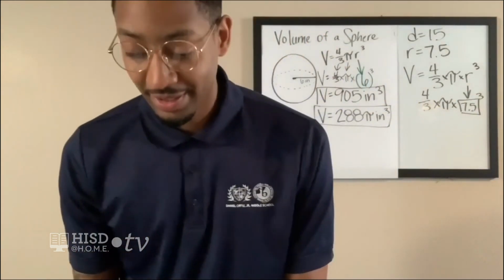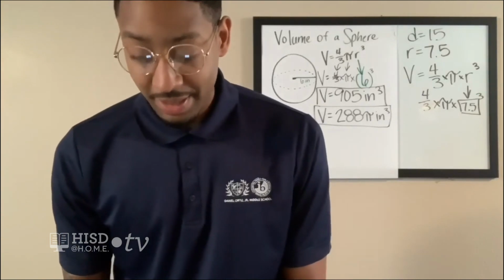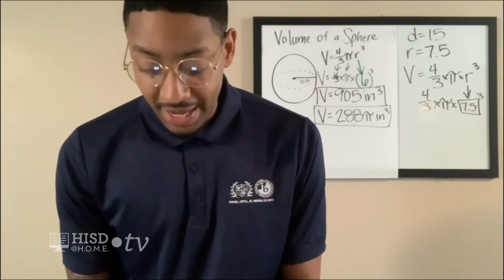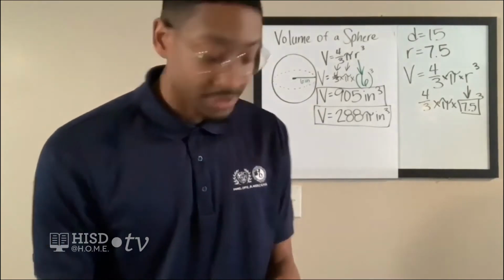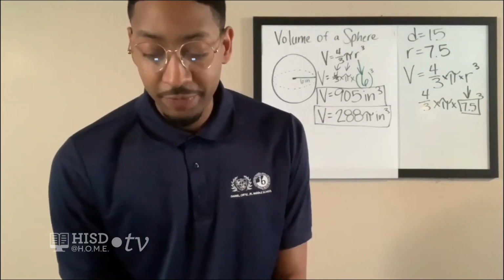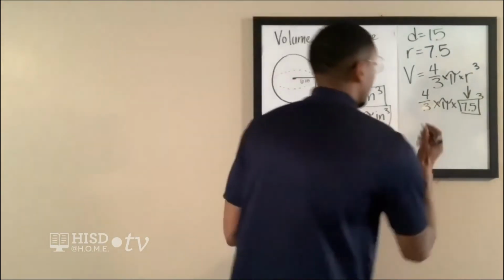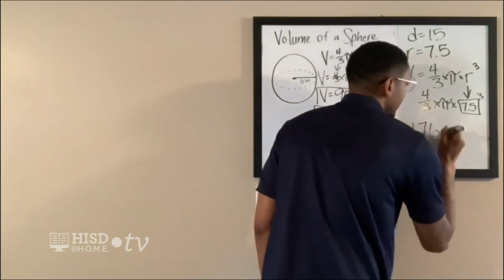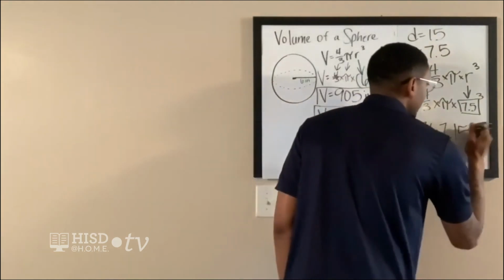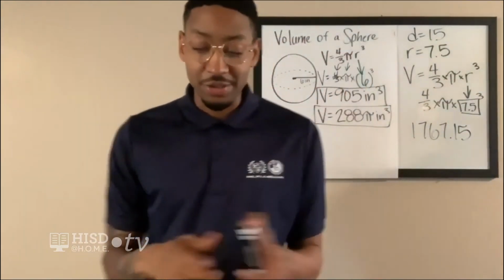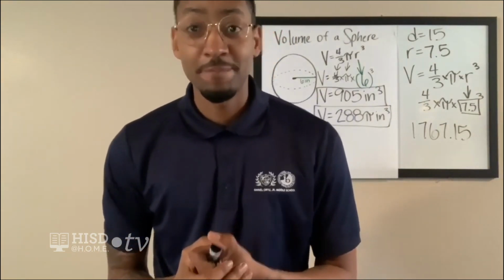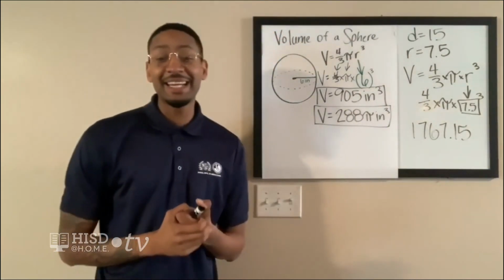And in my graphing calculator, 4/3 times pi times 7 5/10 raised to the 3rd power is 1,767 and 1500ths, which is which answer choice, or closest to which answer choice? Jay, you got it. Ding, ding, ding, ding, ding.